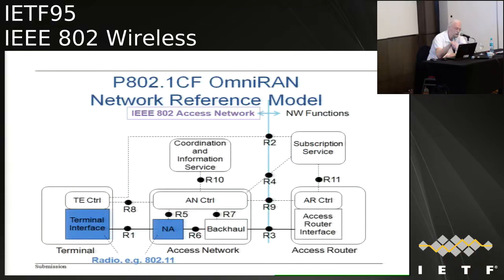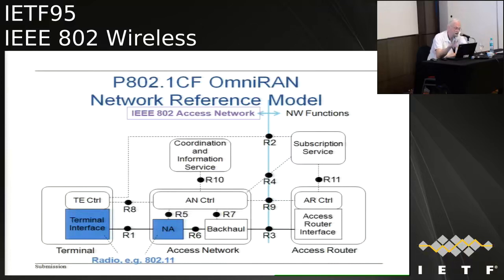So here, this subscription service you might think of as similar to what handling subscription needs for HLR or HSS, and the coordination and information service has to do with things like the TV white space, where they define essentially a database protocol for accessing, so that a terminal can find out what are the available bands for the TV white space. That's the kind of thing that would be accessible to the access network.